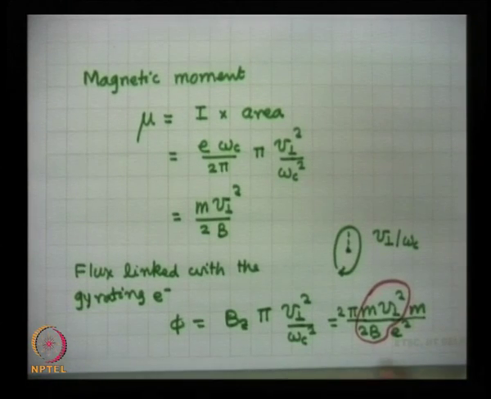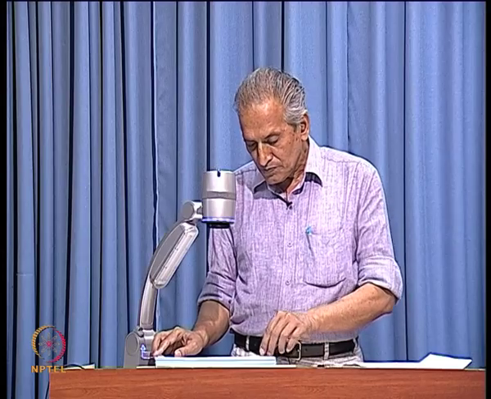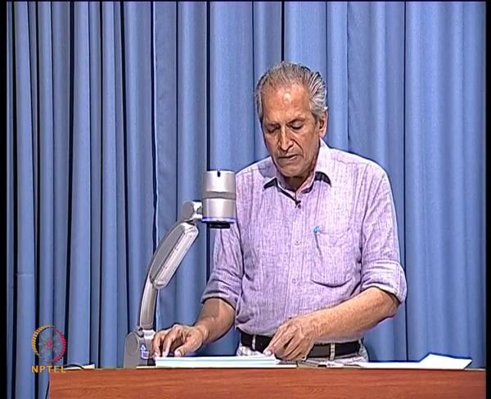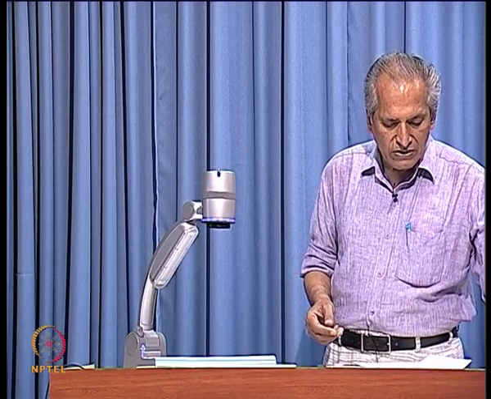We shall deduce some important results from this, if we can show that mu is a constant of motion. So, I would like to go over to discuss the particle motion in the axial direction and deduce the constancy of mu.